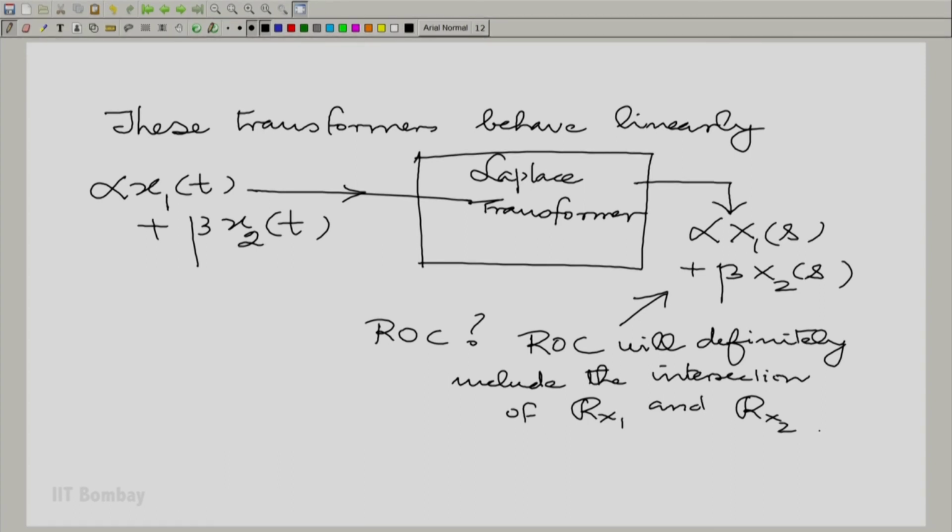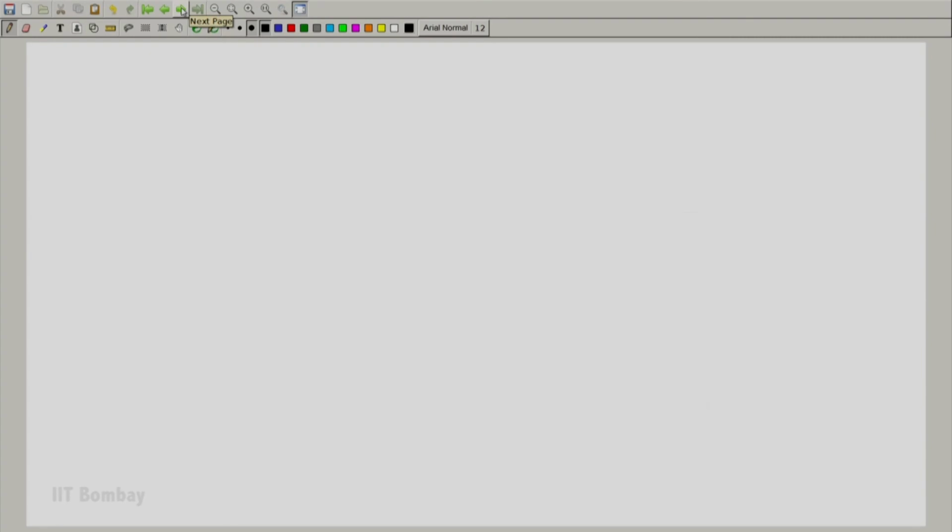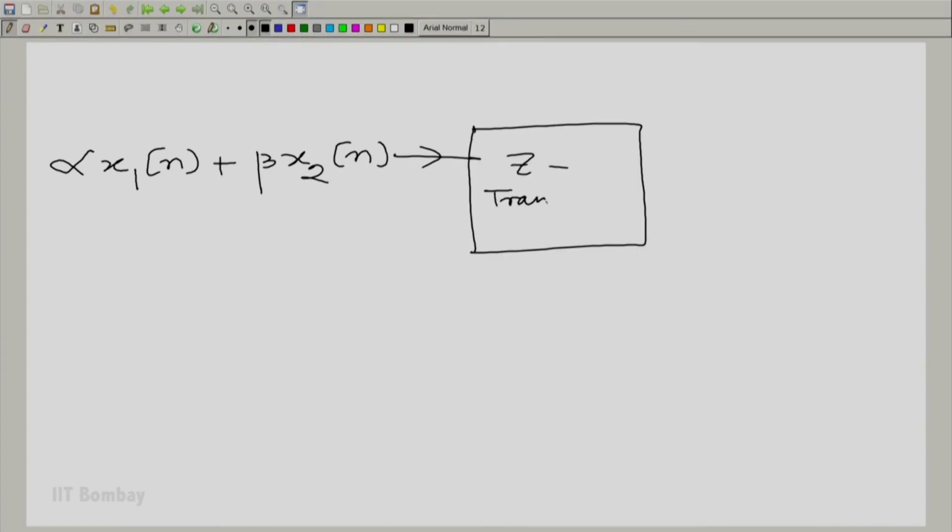In fact, the same thing can be said for the Z transform. Let us first state it and then prove both of them together in parallel, so to speak. So, what we are talking about is the linearity of the Z transform, and that amounts to saying alpha times x1[n] plus beta times x2[n] when subjected to Z transformation results in alpha times X1(z) plus beta times X2(z).